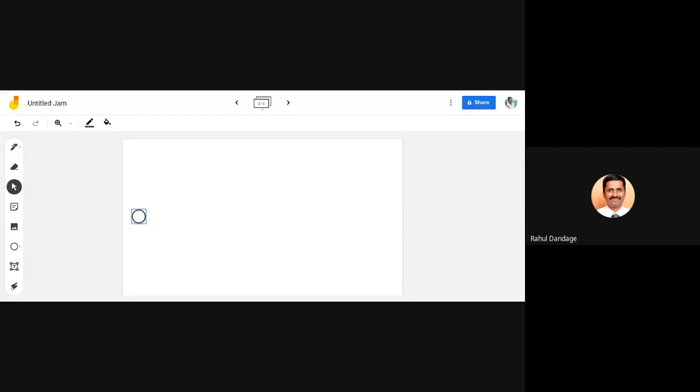Now look at the information given. You can refer to the image which is on your WhatsApp group. Activity A, activity B. For the time being, forget about the description. Directly go to the last column, preceded by. Activity A, is there any precedence? Activity B, is there any precedence?